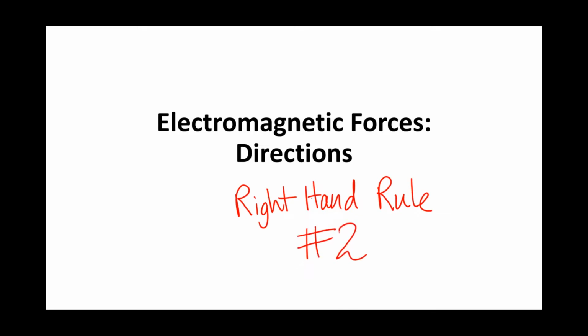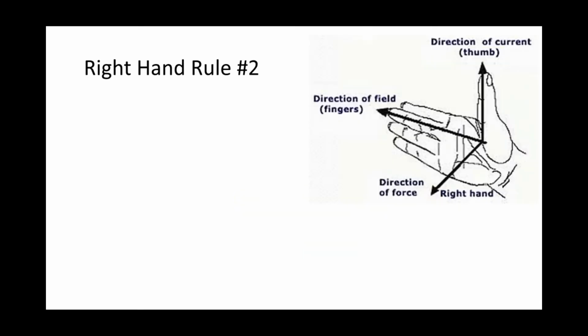If you have not understood right-hand rule number 1, please make sure that you go back and watch that one first because it explains the first 2 of the 3 components for the right-hand rules. All right, right-hand rule number 2.